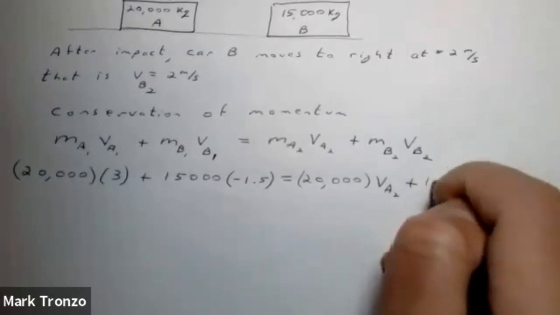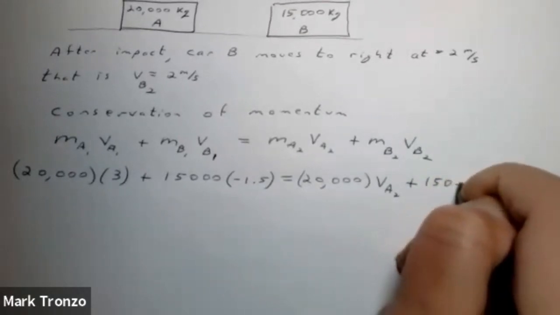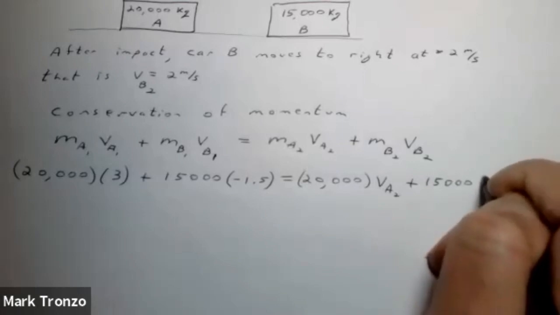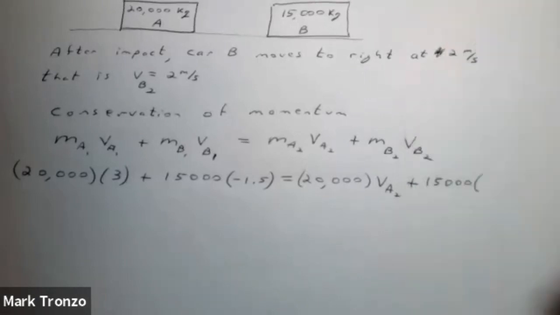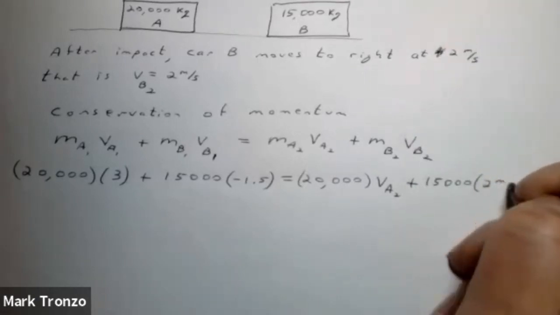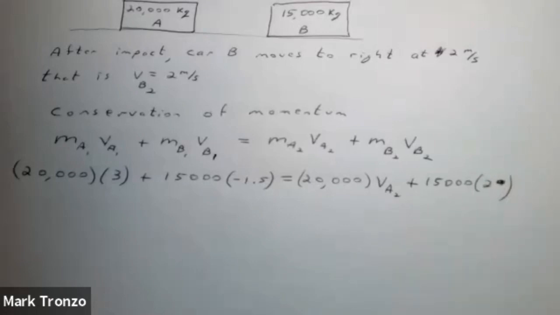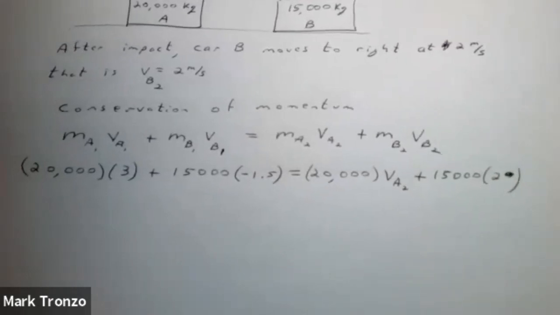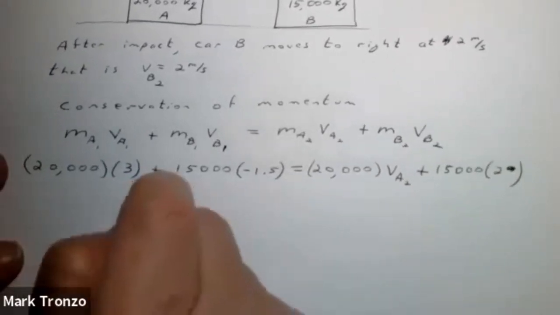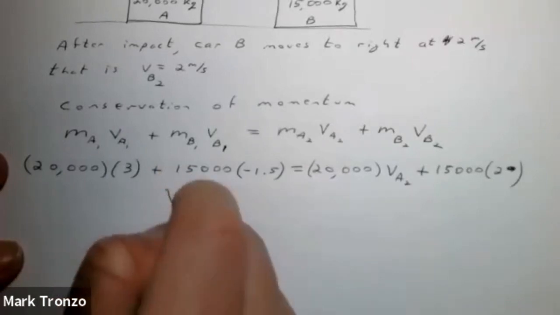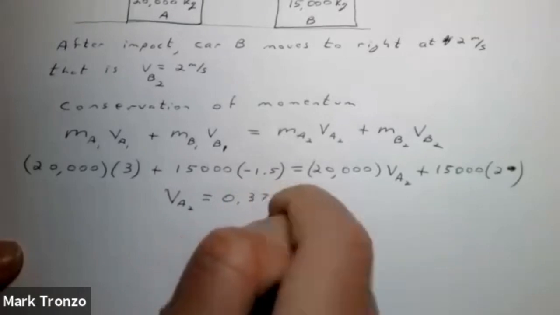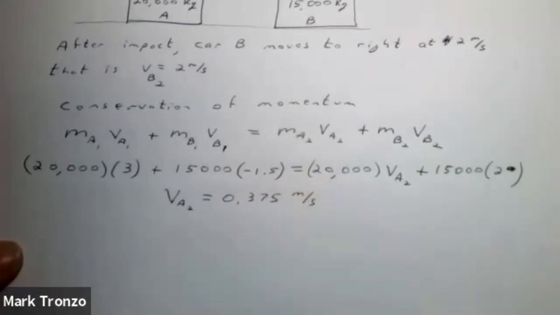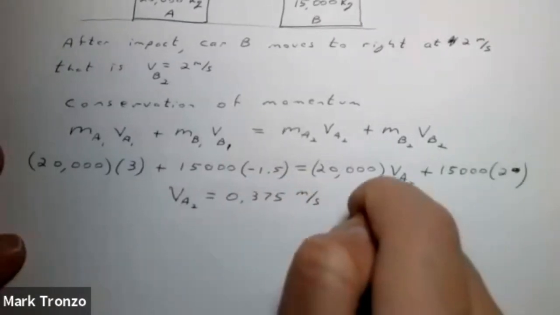And then the mass of B times the velocity of B after impact. We said that was going to be positive 2 meters per second because we're calling to the right positive. So if you solve for the velocity of A after impact, just put that all in your calculator, 375 meters per second. Since that's positive, we said to the right was positive, that means to the right.